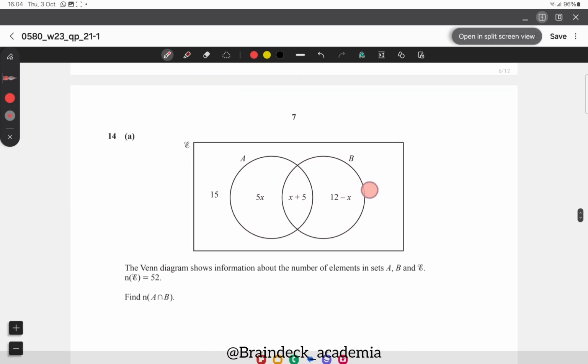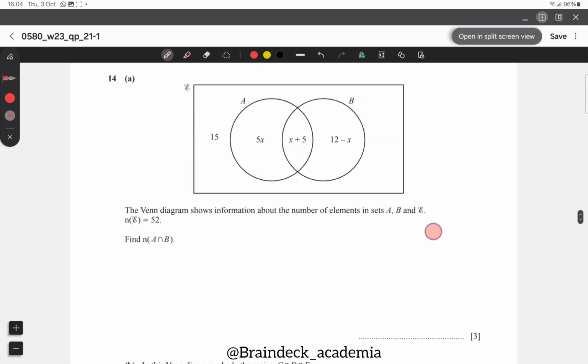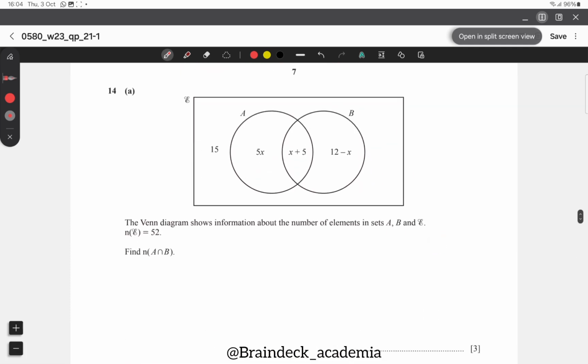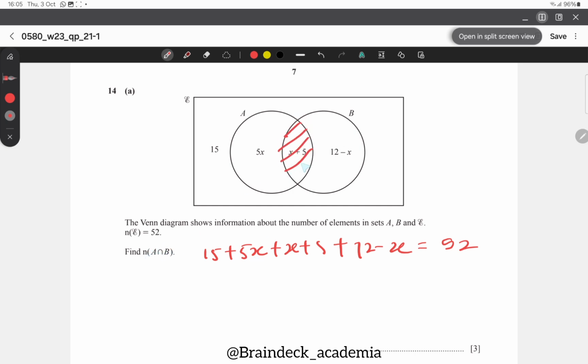Okay, moving on. This one, we are asked to solve for the number of A intersection B in this Venn diagram. What you simply do is add all the elements together. You have 15 plus 5x plus x plus 5 plus 12 minus x equal to the universal set, which is 52. Remember, we have to look for x before we can look for A intersection B. A intersection B is this part.